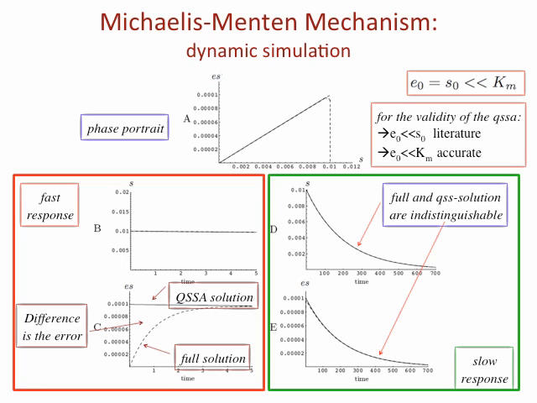And then it moves along the quasi-steady state solution into the origin. The red box shows the fast response, and again we show that in 2 or 3 time units here the full solution converges to the quasi-steady state solution, and in the green box we show that on the slower time scale the full and simplified solutions are essentially the same.